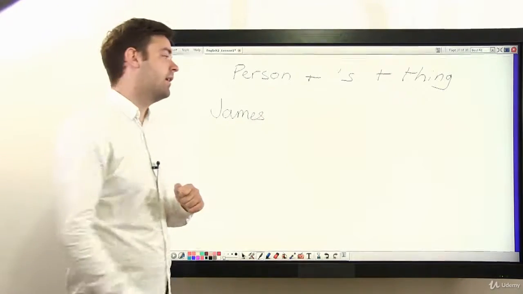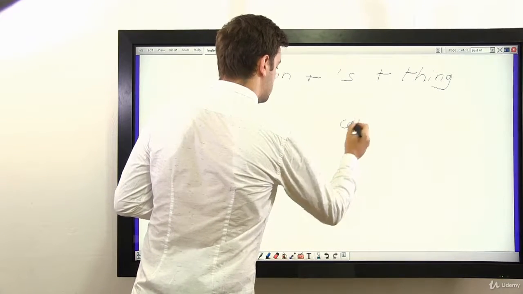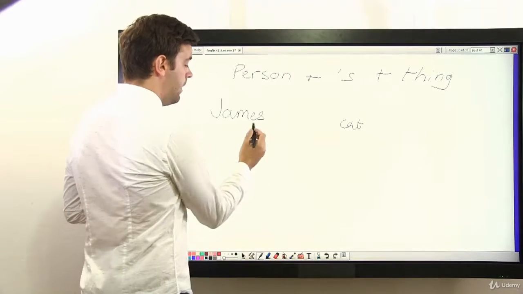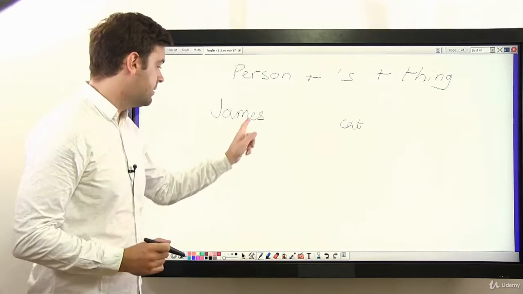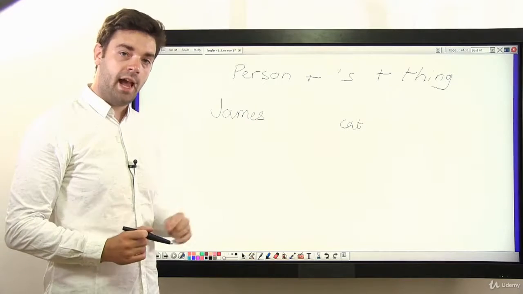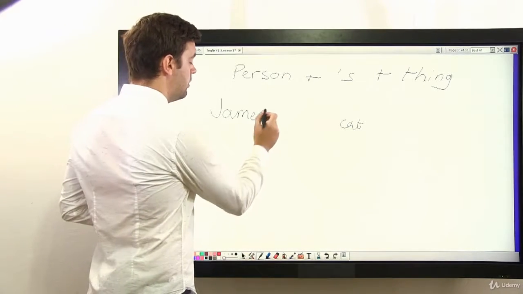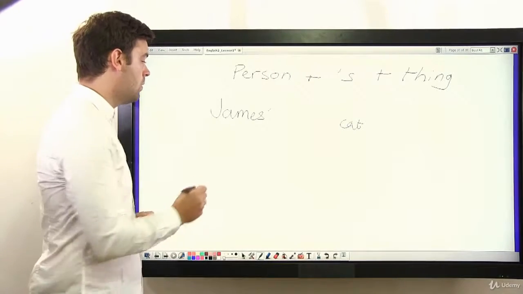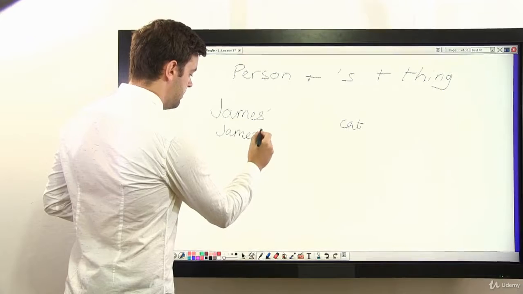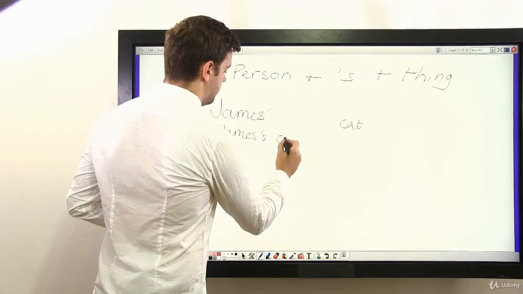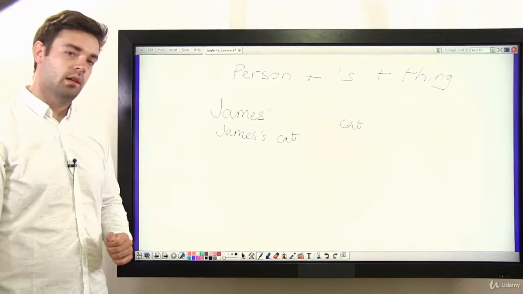James has a cat. So the cat is the thing. So we need to put the apostrophe S but James already ends in an S. So we can do it two ways. We can do James's, or we can do James' cat. Either is fine.